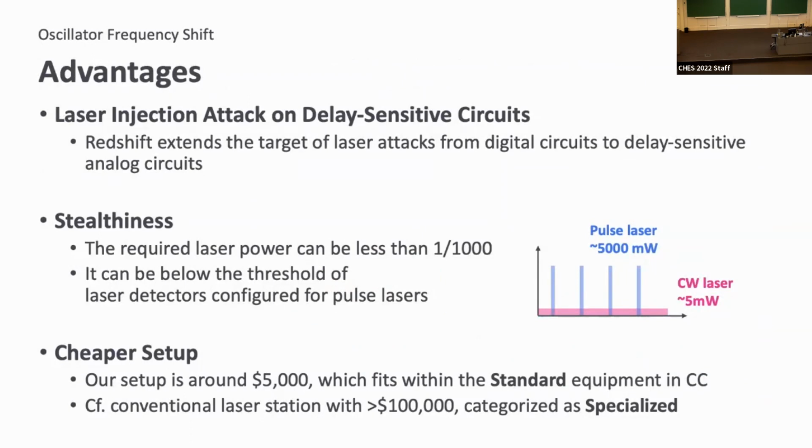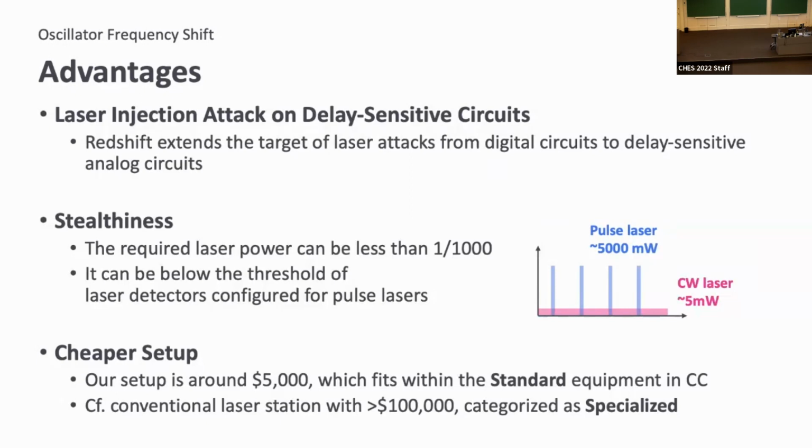The required laser power can be less than 1/1000, so it can be lower than a detection threshold configured for the previous ones. Finally, setup can be much cheaper. We can cheaply upgrade a common microscope with a DIY laser module.